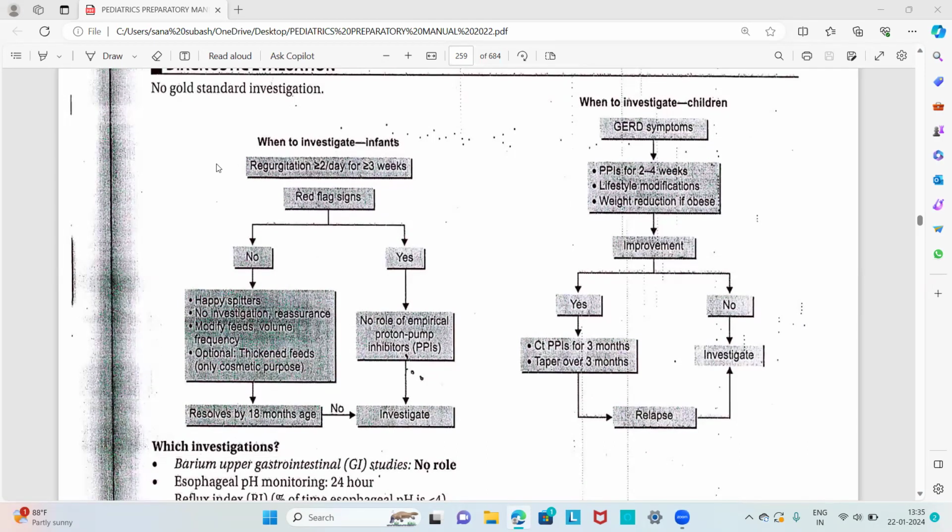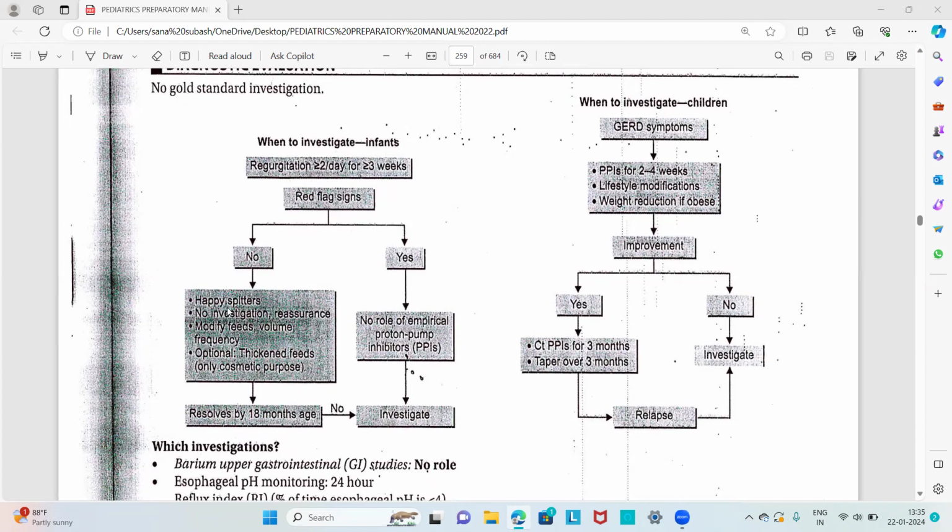that is a suspicion for investigating the infant for GERD, and also look for the red flag signs. If the red flag signs are present, there is no role for empirical proton pump inhibitors, and we have to investigate the patient further. But if the red flag signs are absent, it may be a happy spitter.